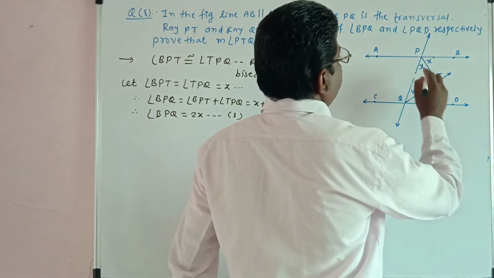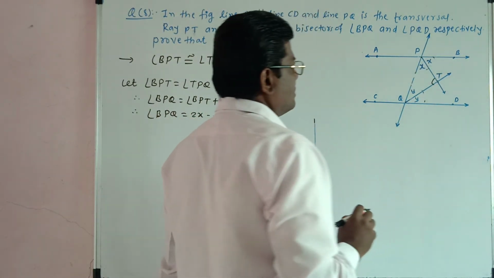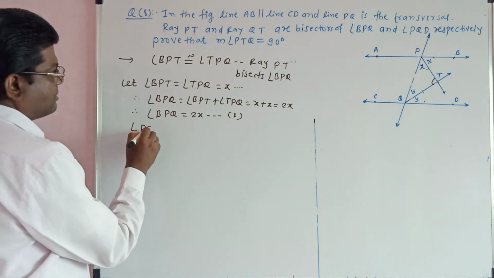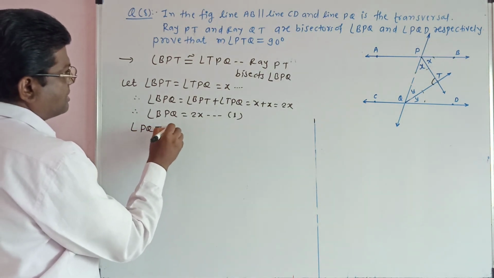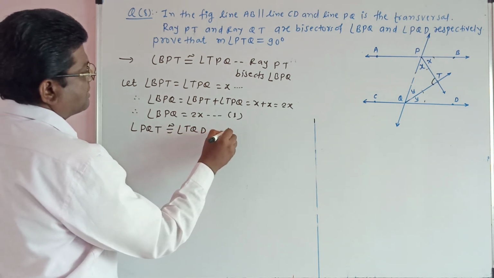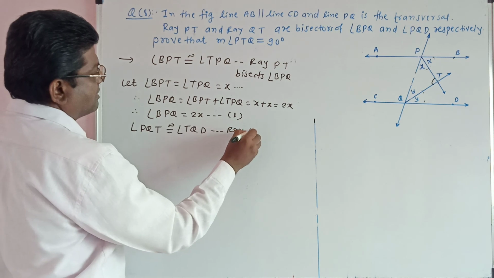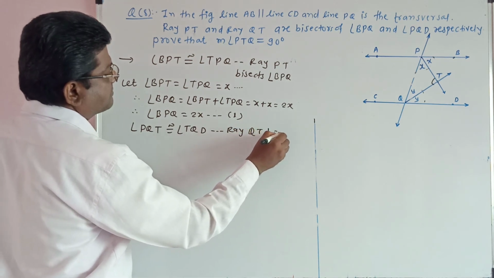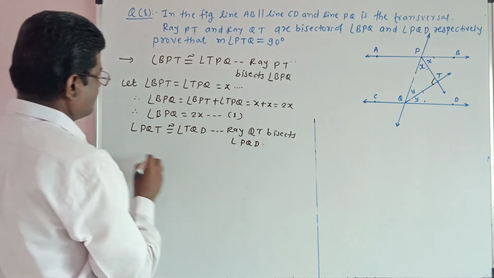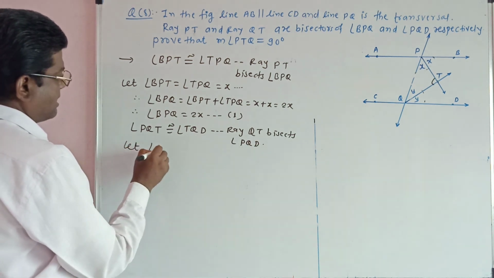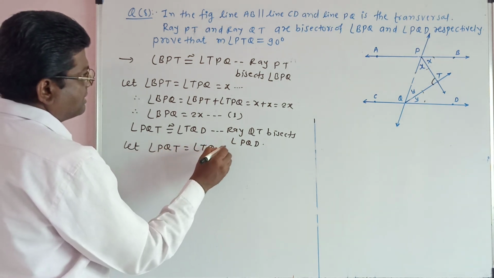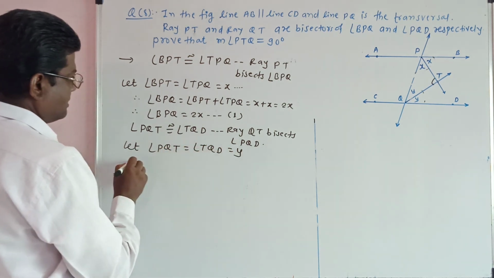Now ray QT bisects angle PQD. Therefore angle PQT is congruent to angle TQD. The reason is ray QT bisects angle PQD. Let angle PQT equal angle TQD equal y.